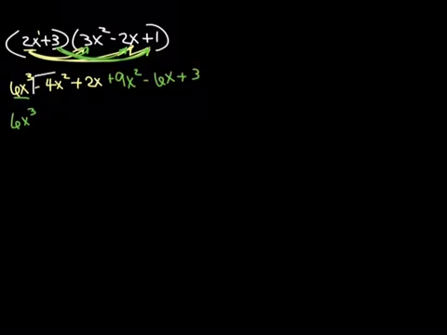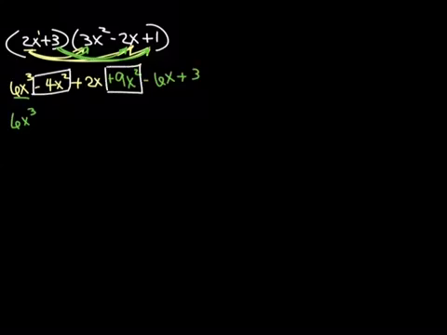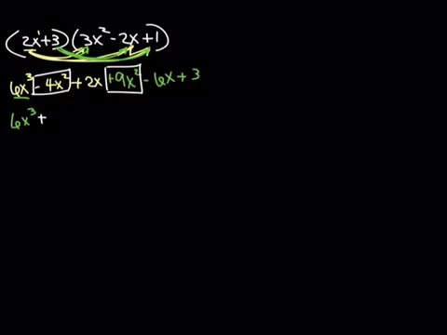I have a negative 4x squared and a plus 9x squared, so I'm going to add those. And I have a 2x and a negative 6x. And I have nothing to combine that 3 with. Okay, so there's my answer. Alright, that is the way we have been doing it.